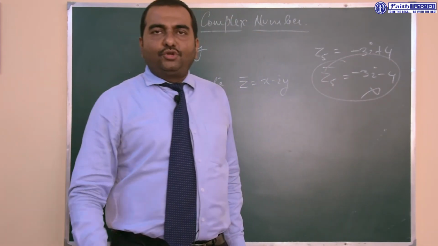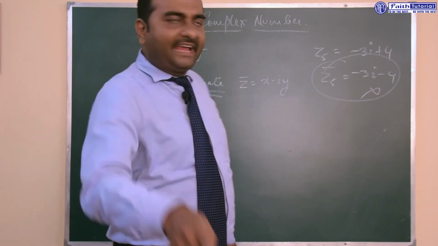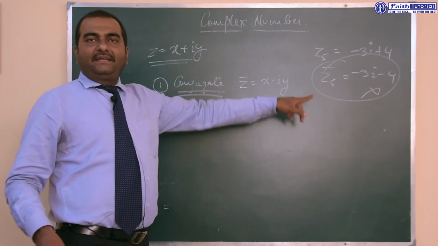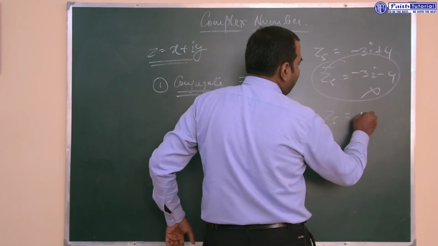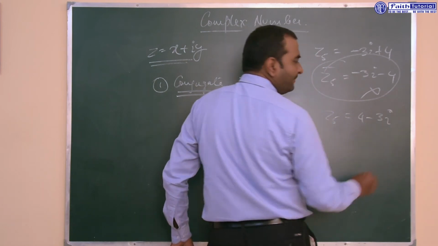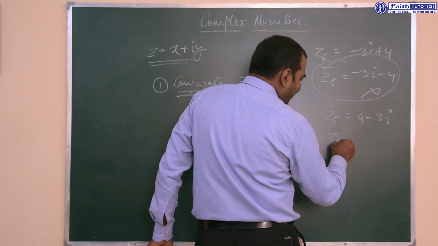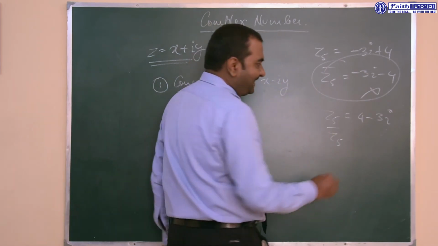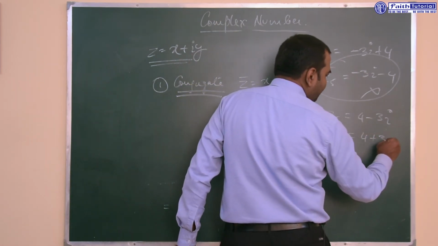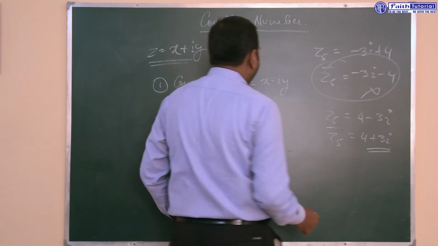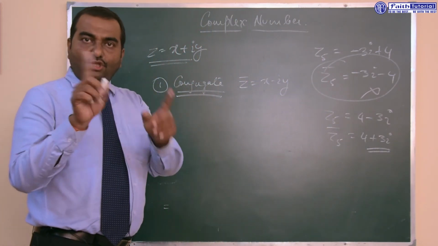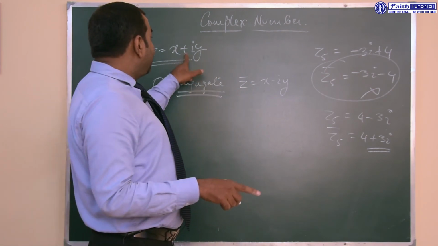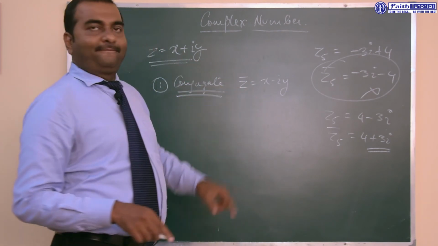The concept of conjugate is not about changing the sign of the real part, but about the imaginary part. That means, first of all, z5 has to be written as 4 minus 3i, and then z5 bar, that means the conjugate of z5, is 4 plus 3i. So care has to be taken when learning the conjugate of a complex number. The conjugate is actually the imaginary part with the opposite sign.